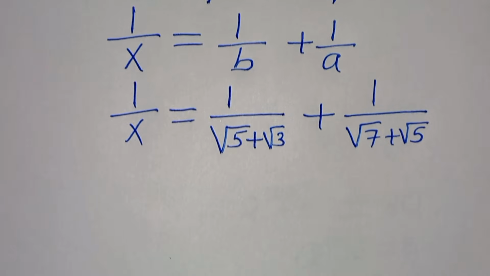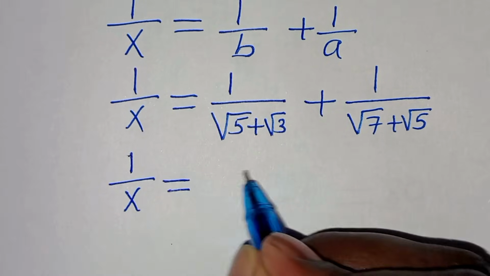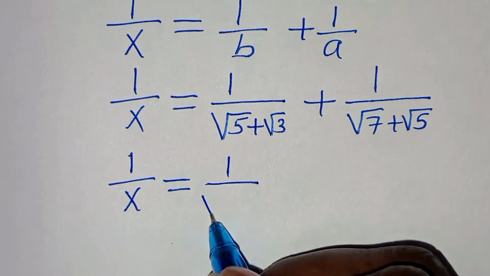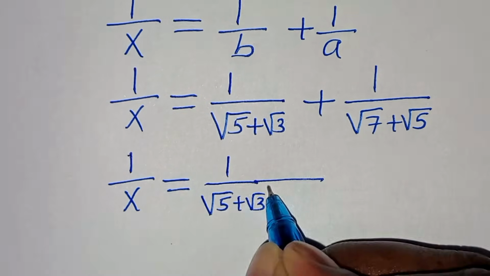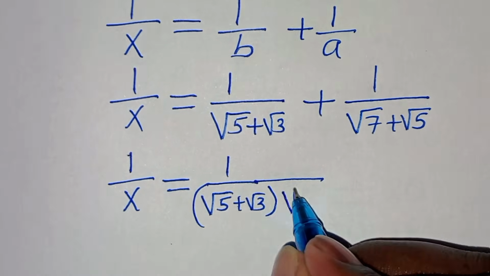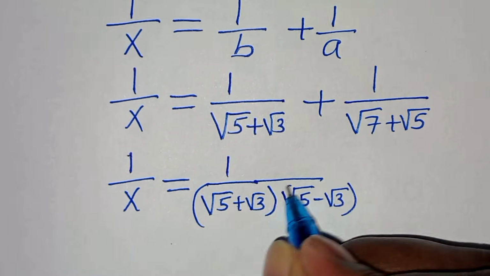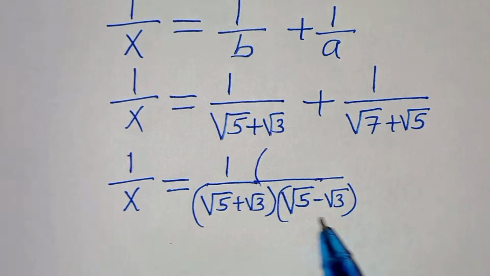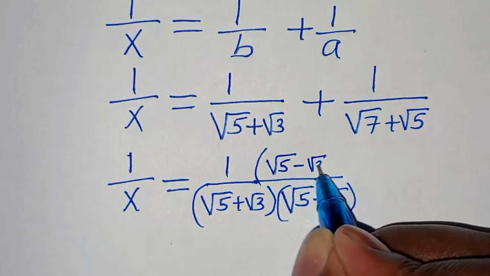Okay. So the next step is that we have 1 over x. This is equal to 1 over square root of 5 plus square root of 3. Now, let's rationalize the denominator here by multiplying by the conjugate, which is square root of 5 minus square root of 3. And let's multiply the numerator with the conjugate here, which is square root of 5 minus square root of 3.